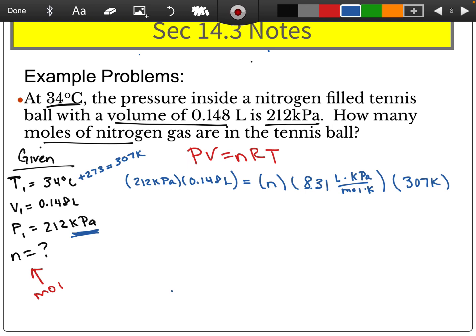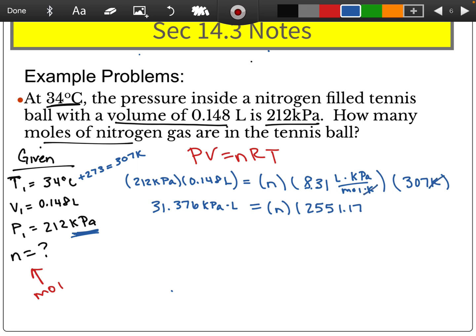So I'm going to take the left side of the equation and solve for that. So 212 times 0.148, and I'm going to get 31.376 kPa times liters is equal to n, which we don't know, and then 8.31 times 307 is 2,551.17.